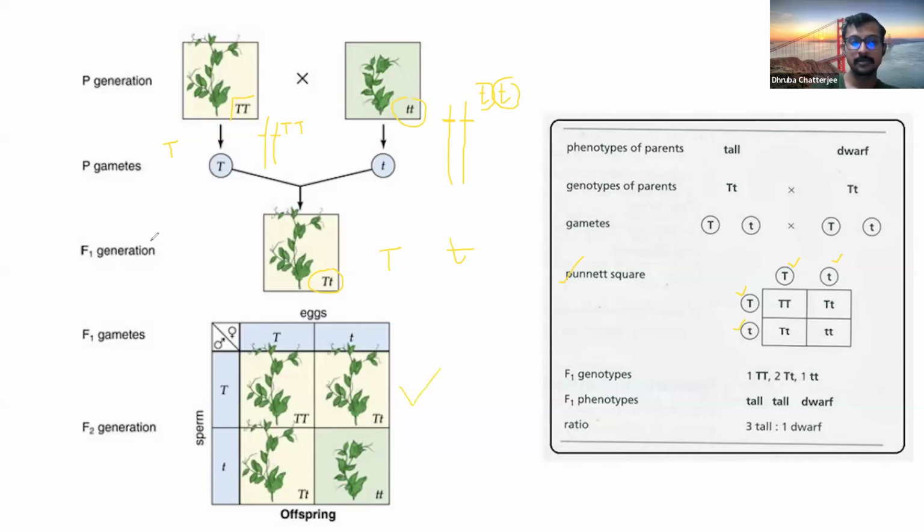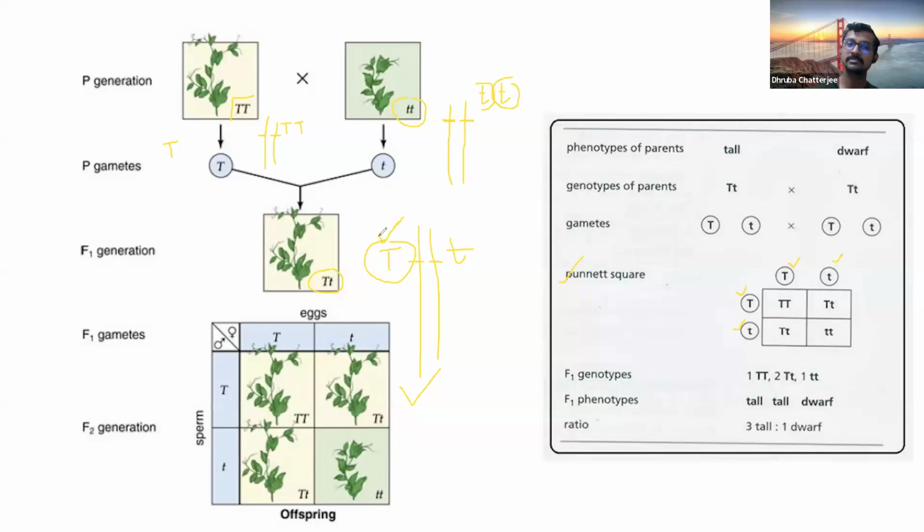Now, in this first filial generation, why do we have only tall plants? In a pair of homologous chromosomes at this particular locus, which regulates your plant stem height, you have one capital T which is encoding for the gene product. Here you see there are two different alleles, but one is getting expressed in terms of the phenotype, the other is not.